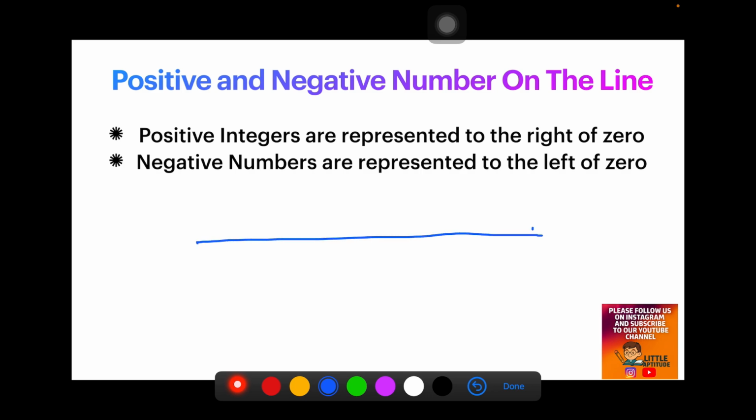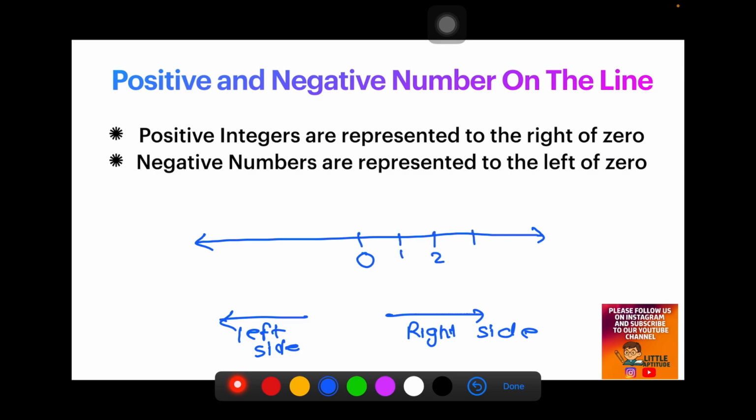If I draw the line and mark a 0, this is the right side and this is the left side. So what we discussed: positive integers are represented to the right, so here positive, and negative to the left.